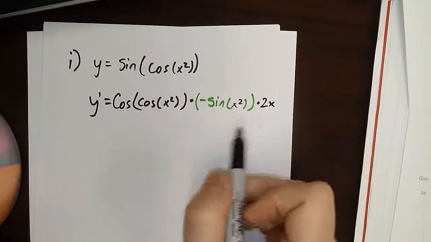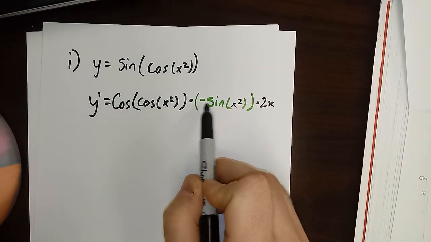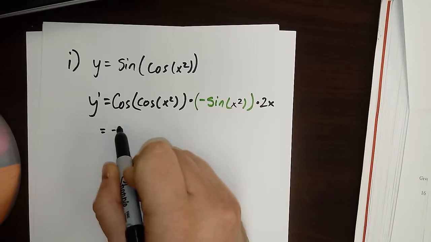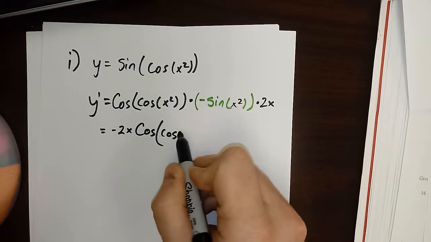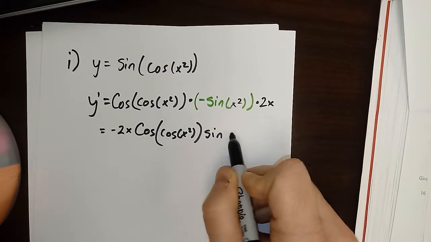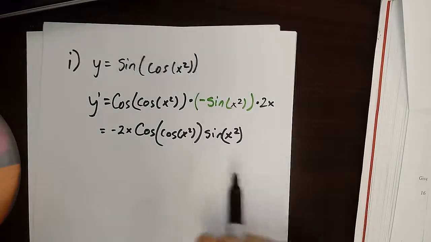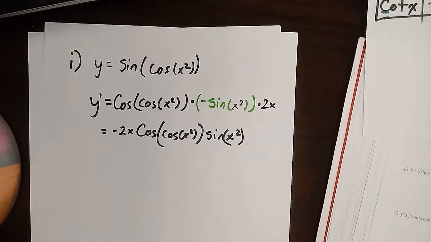That's fair. So if I were to clean this up a little bit, we're multiplying by a negative and a 2x. So I could put a negative 2x out front and then say cosine of x squared, sine of x squared. You could write that. That's a little bit nicer. But remember, you're allowed to leave it at that first juncture and not do anything.